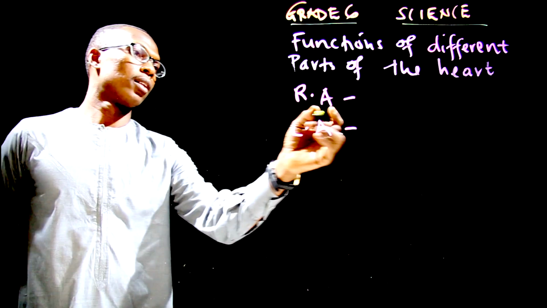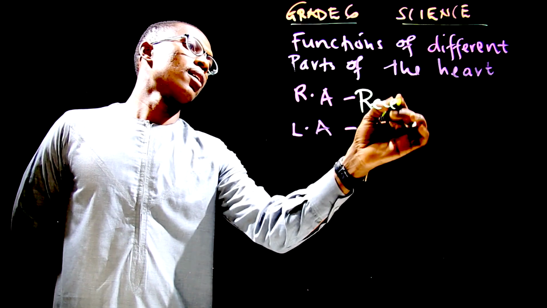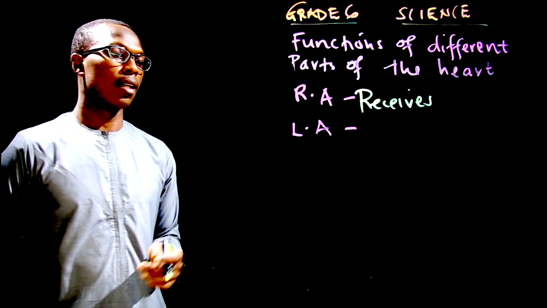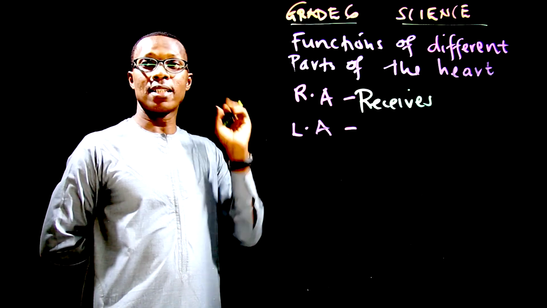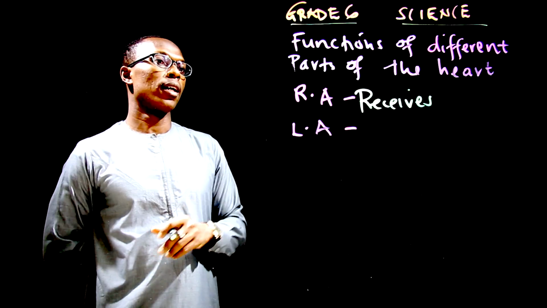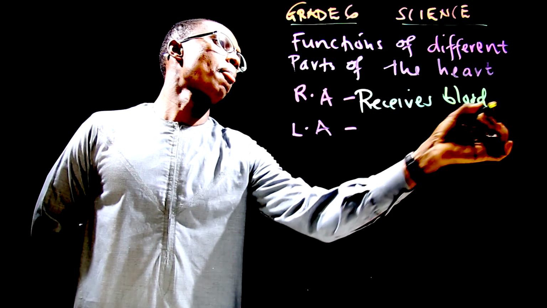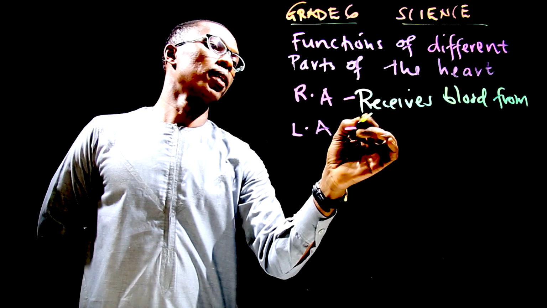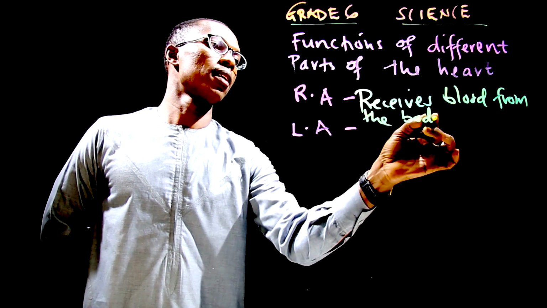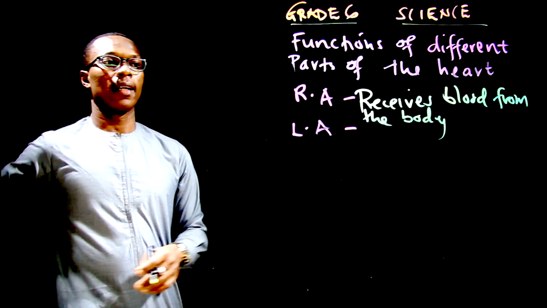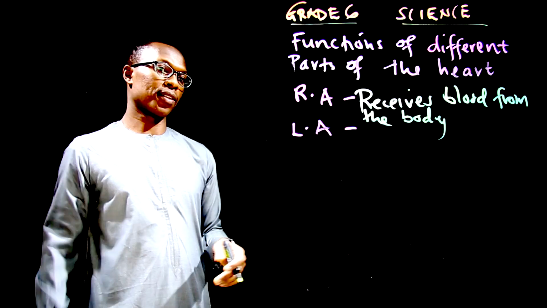Now the right auricle normally receives blood. Remember, the auricles normally receive the blood, right? So the right auricle receives blood from the body, okay? And then we have the left auricle.